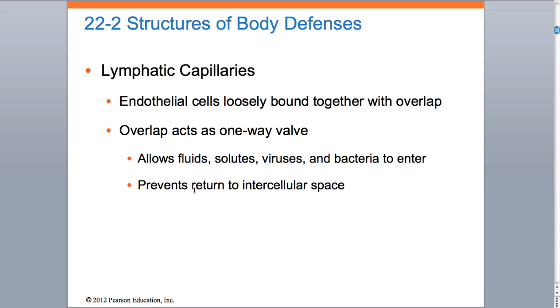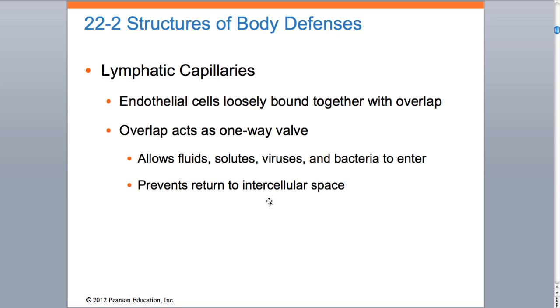Okay, I've already mentioned this. I'm going to go quickly through this slide. We said that the lymphatic capillaries have what? One-way valves. Okay? That means that whatever comes in is moving in one direction. So it allows fluids, solids, viruses, bacteria to go right in from the cell space. And notice what it says.